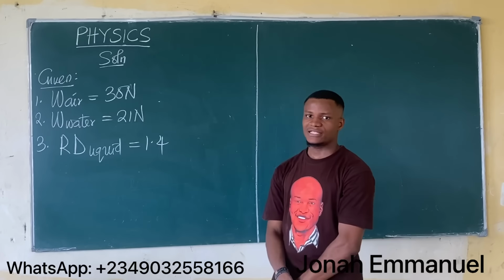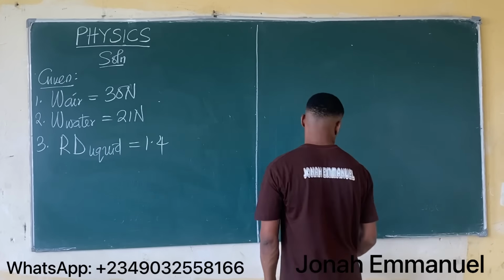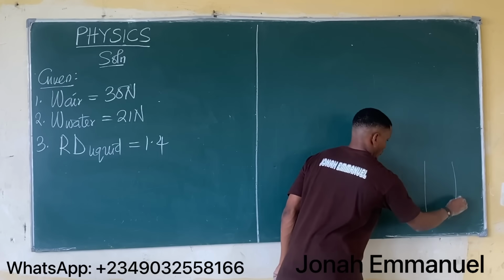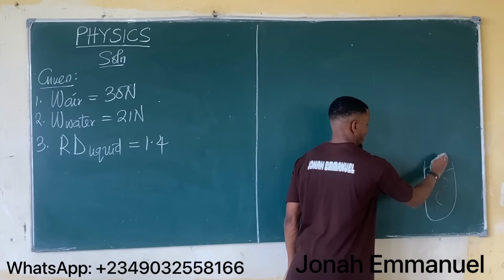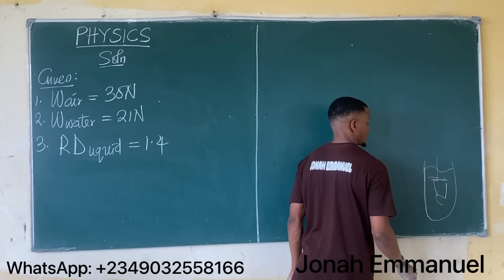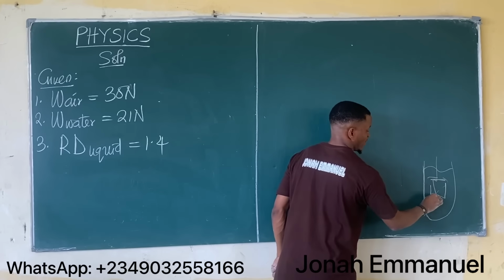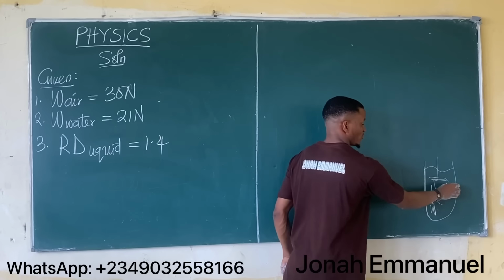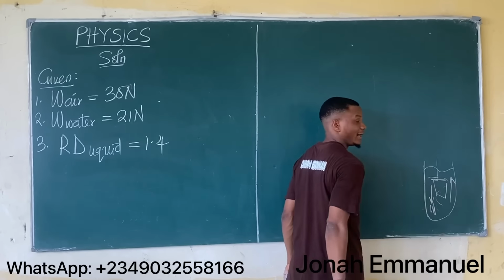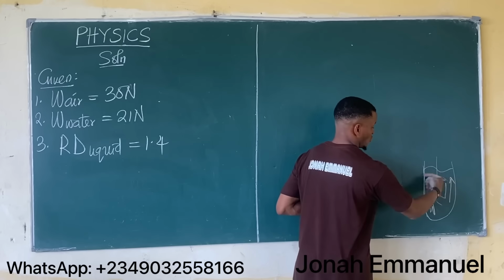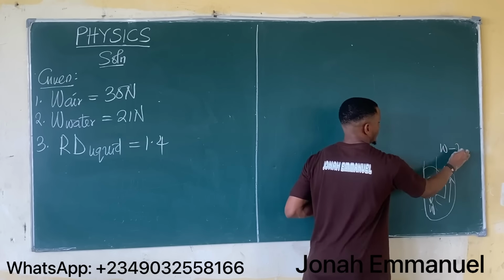Let's take the usual glass jar containing the liquid, and the object is being immersed. The weight of the object, as we said, will act downward, and the liquid itself will exert an upthrust on the object such that the weight now becomes weight minus upthrust.